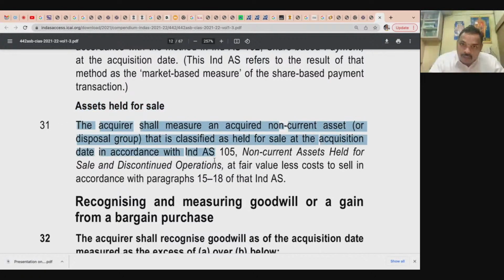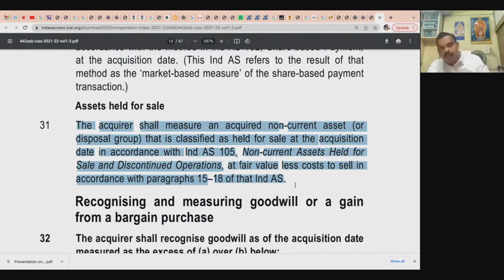You have to measure and recognize that asset as per the prescription of Ind AS 105. And already you have done it. So doing it again is not required for the purpose of business combination. That is why it is an exception to the measurement principle. So for assets held for sale, take the book value as such, because that has only recently been measured.